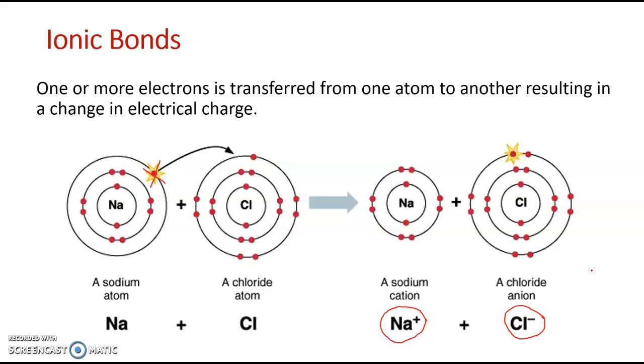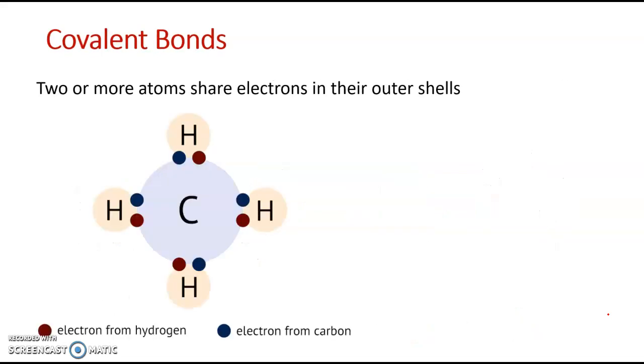The only thing that's going to be holding these two atoms together to make table salt is the attraction between the positive charge of the sodium and the negative charge of the chloride. So that makes ionic bonds one of the weaker types of bonds. An example of a strong bond would be a covalent bond.